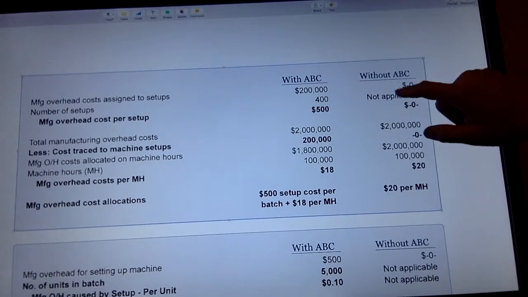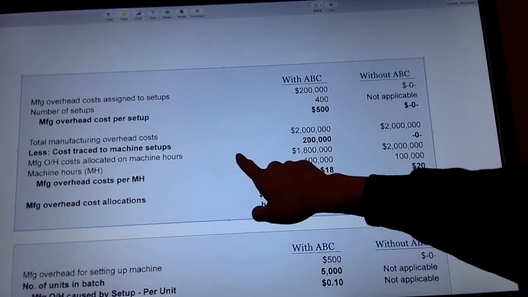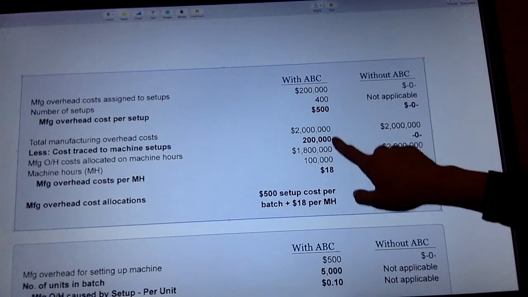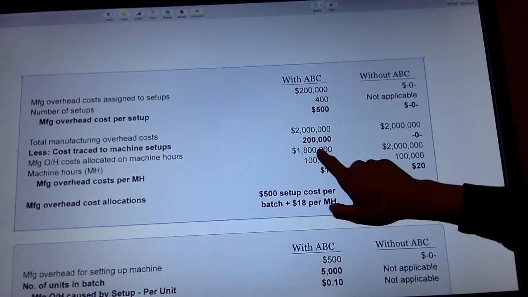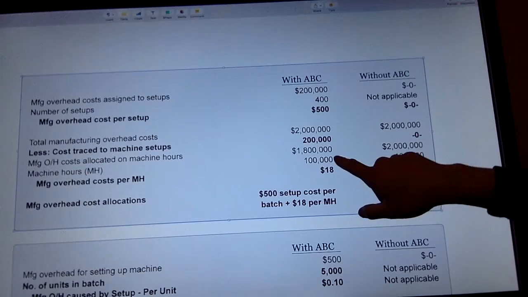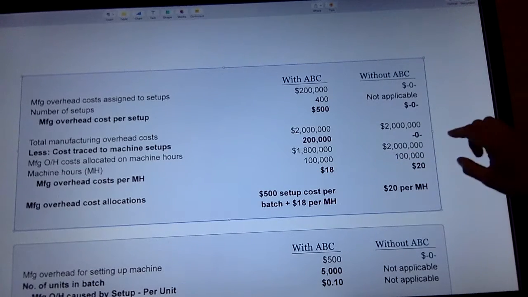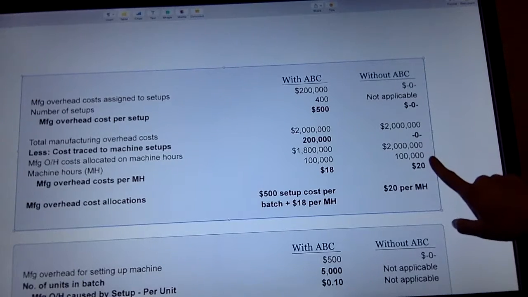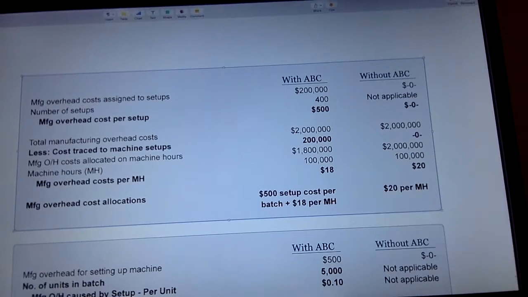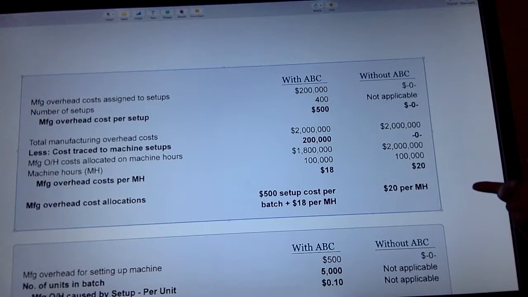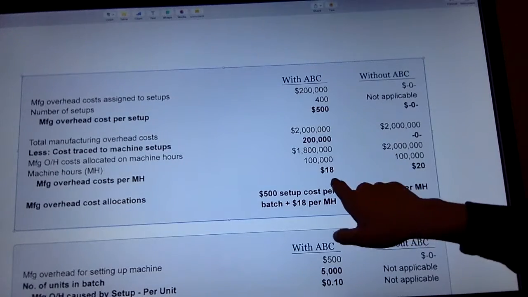We're going to have that cost for setups deducted from the total manufacturing overhead costs, and we end up with 1,800,000 divided by the machine hours, rather than over here, without it, we get our 200 million divided by the machine hours, and we end up at $18 per machine hour used. While over here we have $20 per machine hour used, which would be more accurate.